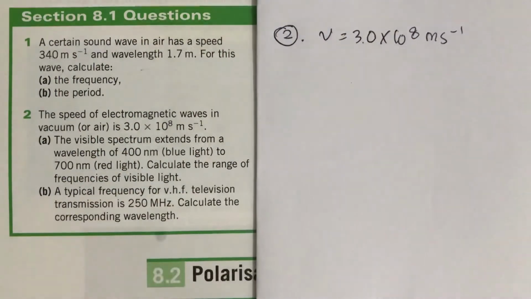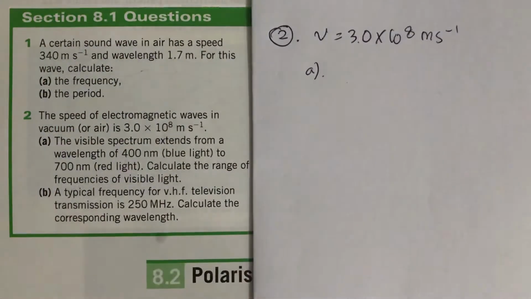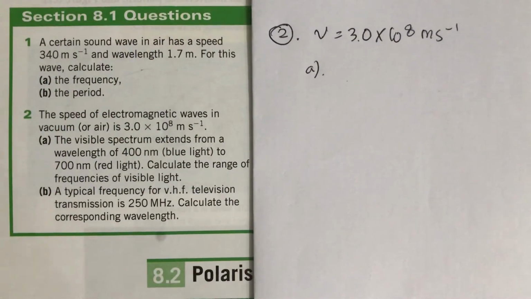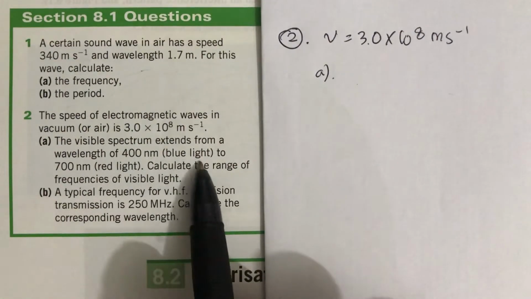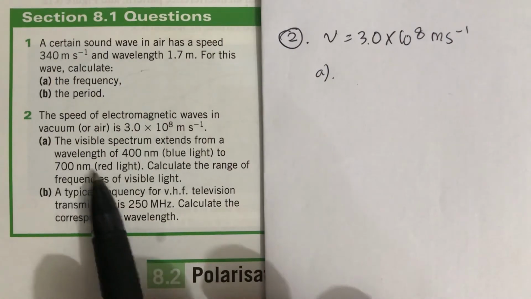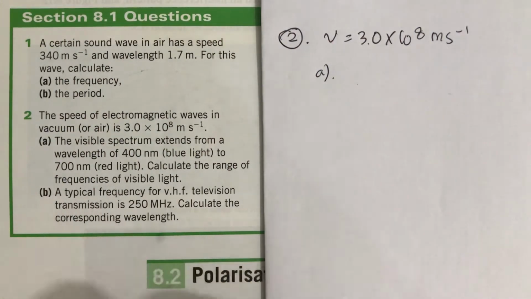On question A, the visible spectrum extends from a wavelength of 400 nanometers, blue light, to 700 nanometers, red light. Calculate the range of frequency of visible light.